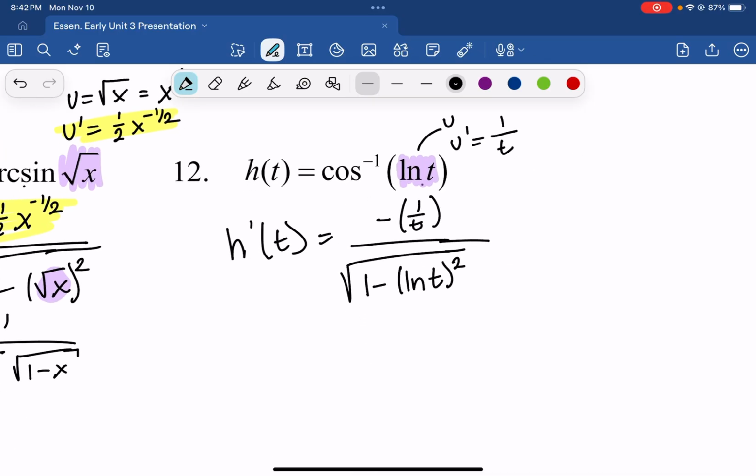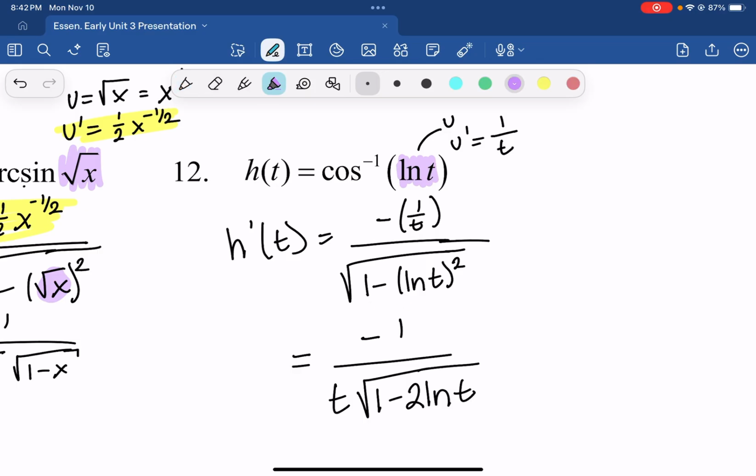Okay, but this looks a little wonky with that 1 over t all over everything, so we're going to rewrite it. Negative 1 over t times the square root of 1 minus the natural log of t squared. Okay, right, we have that natural log property where I can drop that power out front.